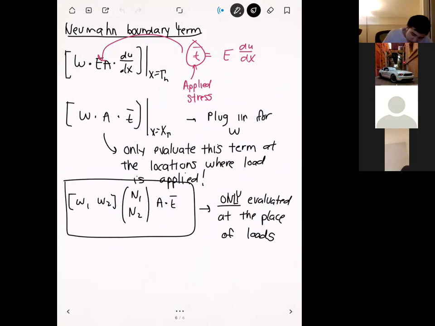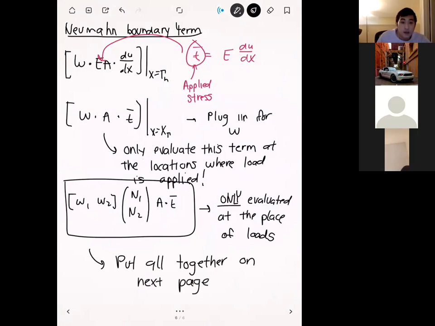Let's go ahead and put this all together on the next page. Once we see it all, you'll see that we really don't care about what W is, and all those W terms are just going to cancel out. Any questions on this?